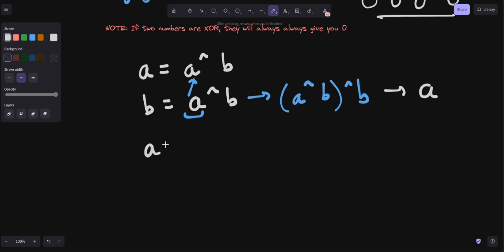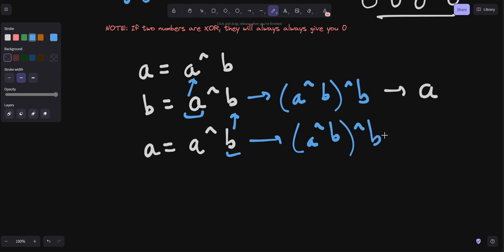And if you do again A XOR B, now if you see, this B will have A value. So can I write A, and this will give us B?